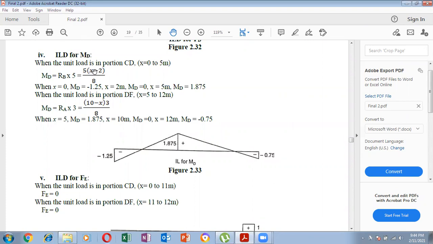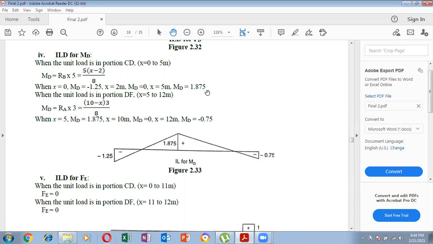We already have RB value as H minus 2 by 8. So it will be 5 into H minus 2 by 8. So applying the boundary condition, H is equal to 0, moment about D was minus 1.25. When H is equal to 2, moment about D is equal to 0. When H is equal to 5 meter, moment about D is equal to 1.875.